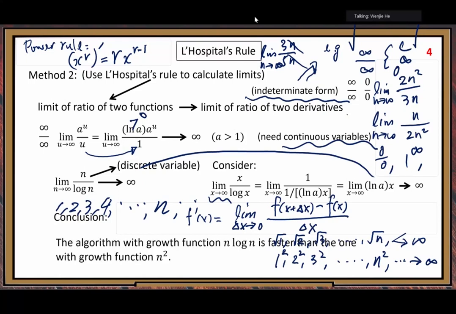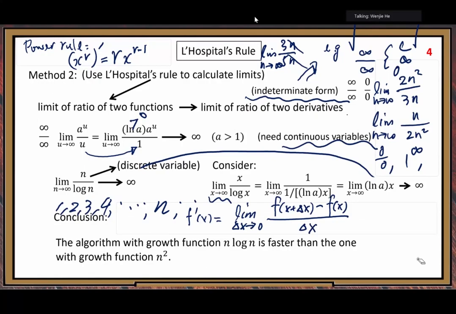Conclusion. The algorithm with growth function n log n is faster than the one with growth function n squared. Remember, we compared two methods for the element uniqueness problem.